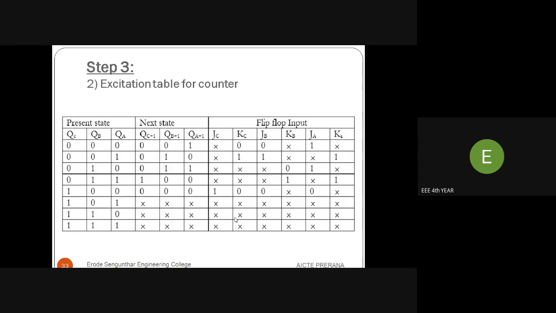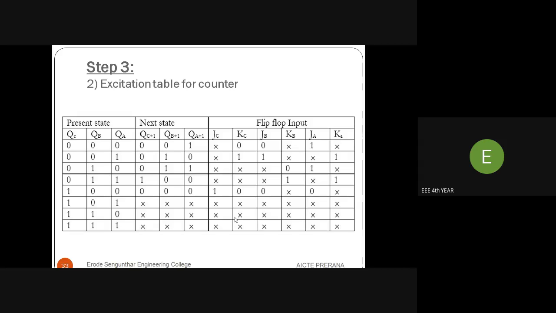Because we are using a mod 5 counter, see the next state: 000 goes to 001, 001 goes to 010, 010 goes to 011. 011 is not the last count; the counter has five distinct states. Therefore after 011 it goes to the next state 100. For mod 5, the value 5 is 101, so before that the last binary value is 4, which is 100.